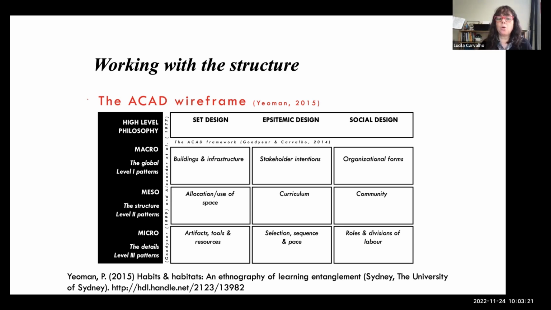So in terms of what happens at the macro level, what happens at the meso level, and what happens at the micro level. And this allows you to see, as part of your design, what happens at classroom level with you and your students, and how this can be influenced by different elements at these different levels, meso level and macro level as well.